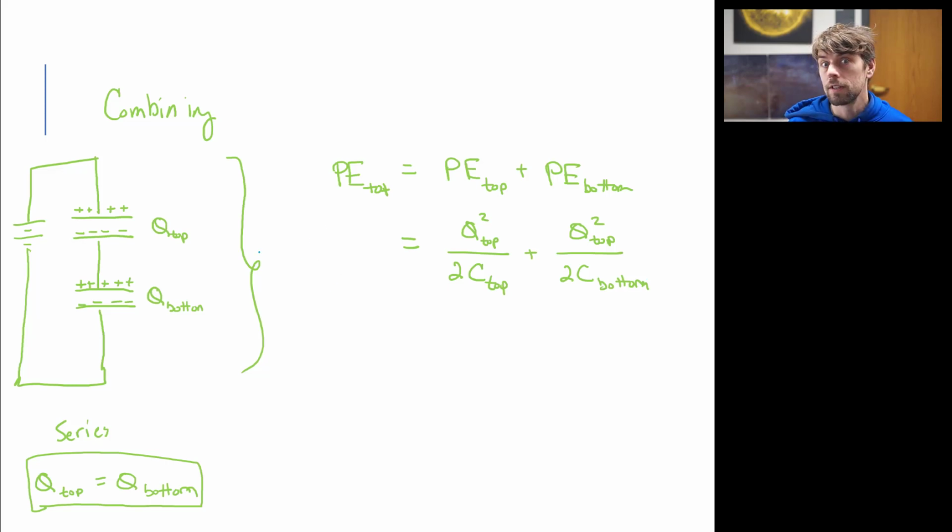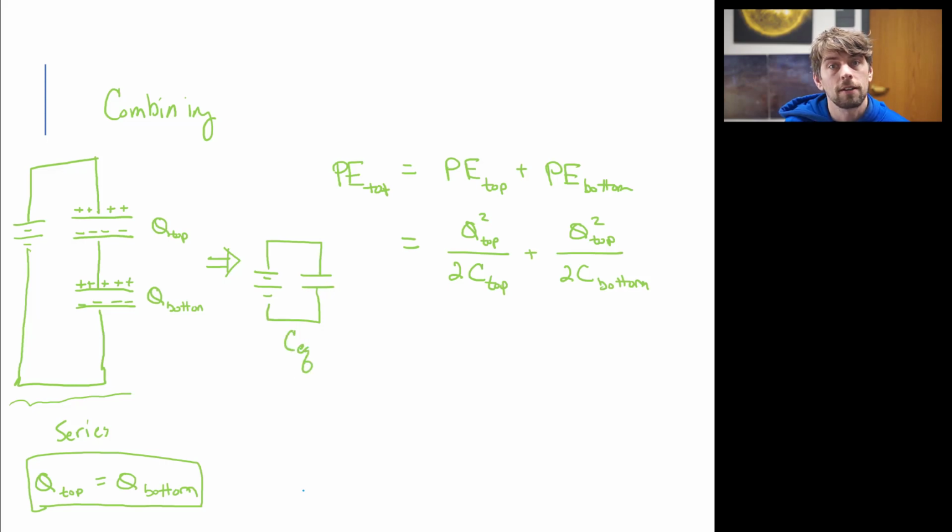But here's the next thing. Let's say instead of using two capacitors, I would like to model this circuit as being a single capacitor, which I will refer to as C EQ, the equivalent capacitance.